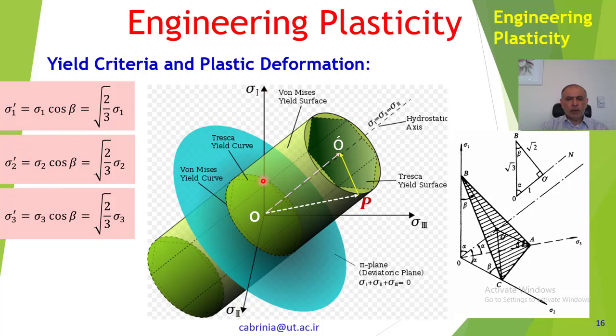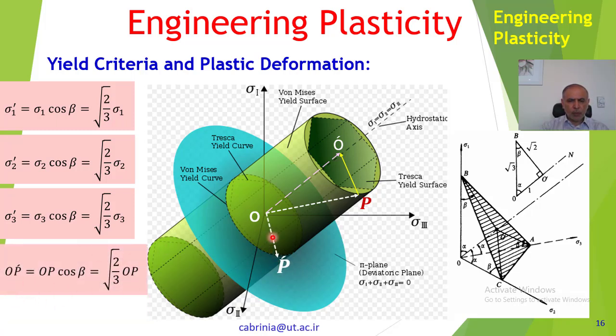If we take these lines and see their projections on the pi plane, then we get sigma 1 prime, sigma 2 prime, sigma 3 prime, which, as we showed before, are multiplied by this scale factor.